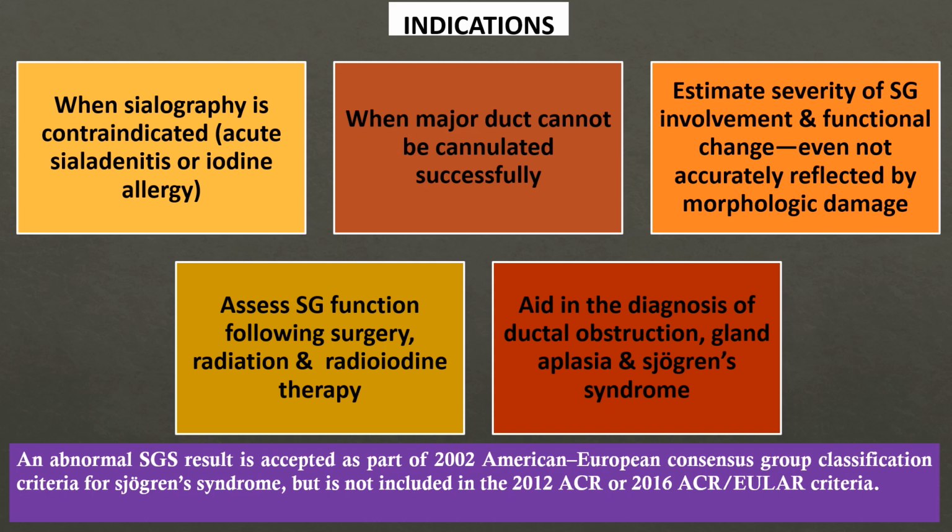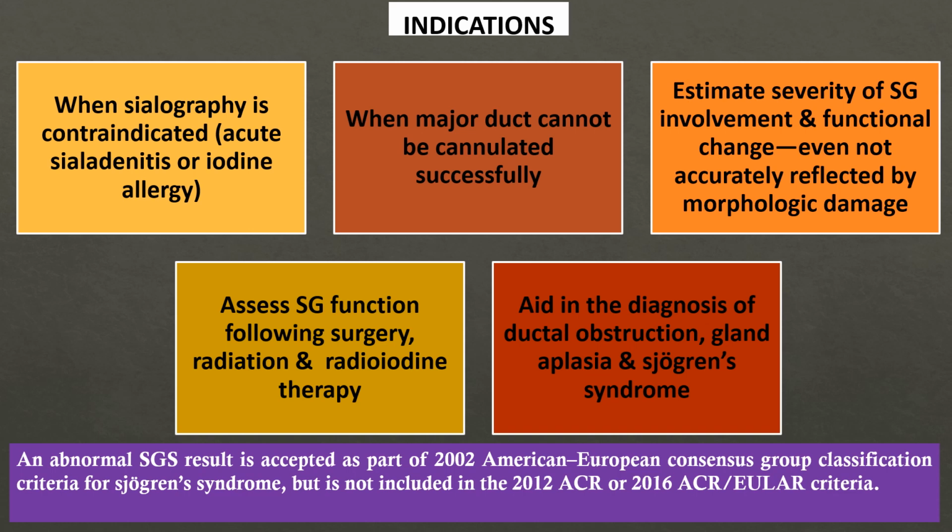Salivary scintigraphy is indicated when sialography is contraindicated, such as in cases of acute sialadenitis or iodine allergy, when major ducts cannot be cannulated successfully, and we can even estimate the severity of salivary gland involvement and functional change, which is not even accurately reflected by a morphologic change. It is used to assess the function following surgery, radiation therapy, and radioiodine therapy.